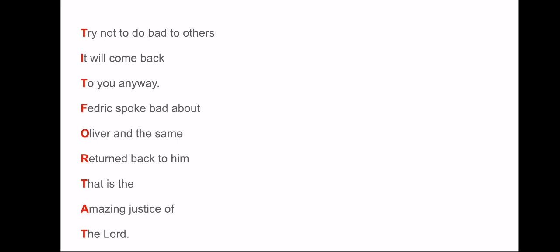Frederick spoke bad about Oliver, and the same returned back to him. That is the amazing justice of the Lord. Now see, the words and phrases which are written in black explain the vertically written idiom tit for tat. This is the amazing way of writing the acrostic poem.